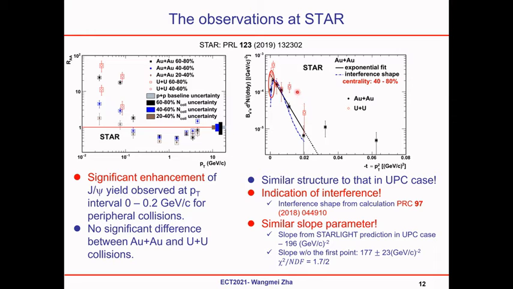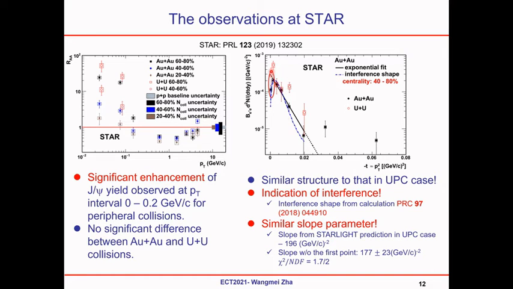The slope extracted from the t distribution is about 177. This is very similar to the STARlight prediction in the UPC case, which means that the target size is the size of the gold nucleus.